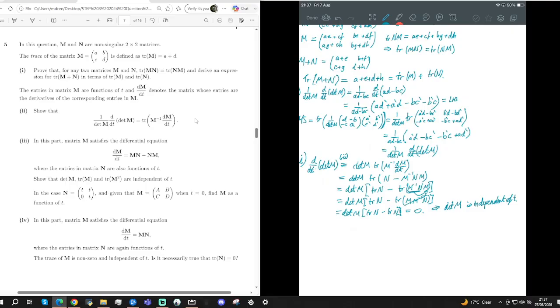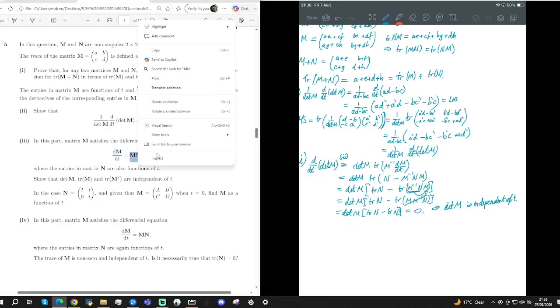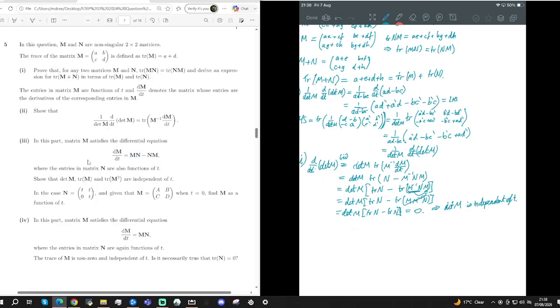Nice. Now, can we do the same thing for the other things? We want the trace of m. Well, that's not as obvious. We want to differentiate the trace of m. Well, if I take traces of this equation immediately, then the trace of that is equal to the trace of that.